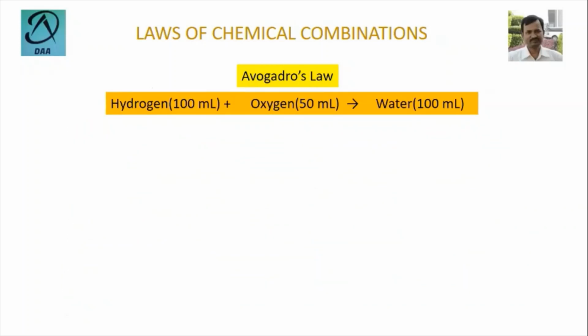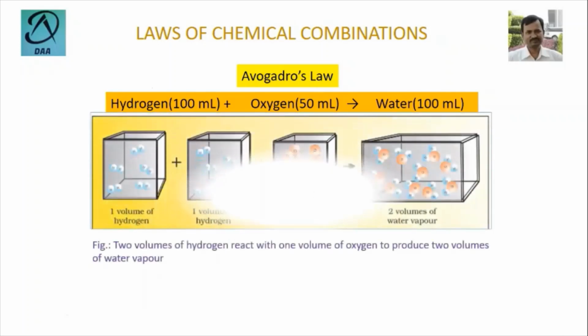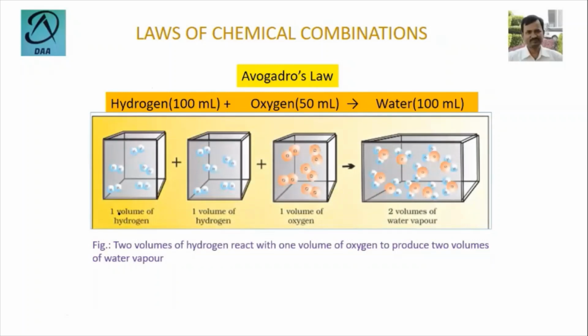Now, if you consider the same reaction, we can understand it clearly from the figure. Here you can see that 1 volume of hydrogen and 1 volume of hydrogen, that means 2 volumes of hydrogen, react with 1 volume of oxygen to get 2 volumes of water vapor.